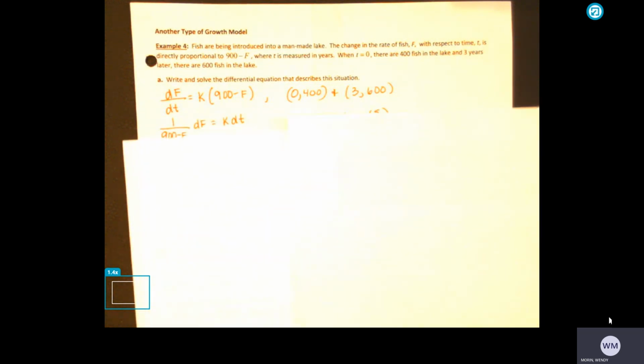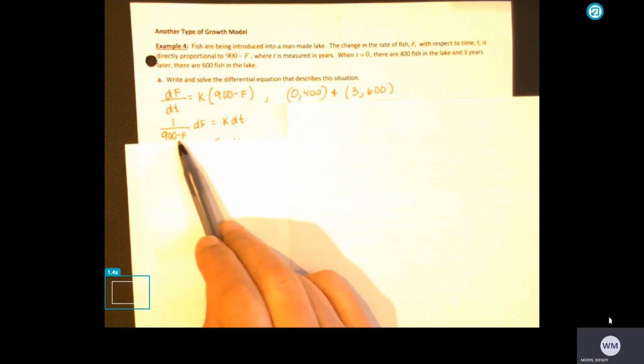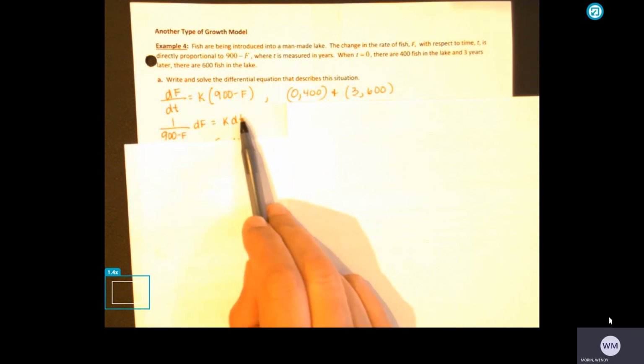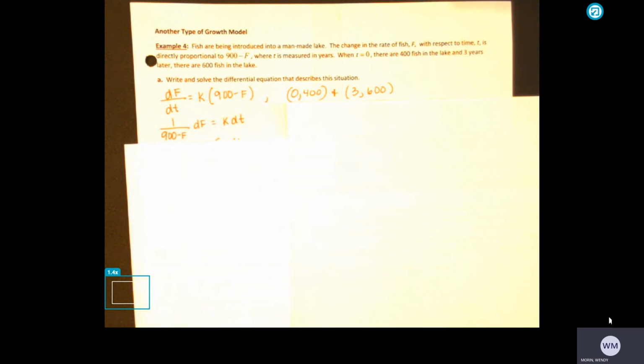We go ahead and do our separation of variables. Divide by this. You've got your change in f on the left side. You've got your change in t on the right side. Take the integral of both sides. Like always, we've got another natural log.